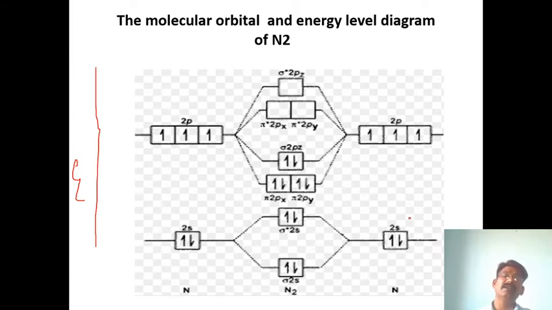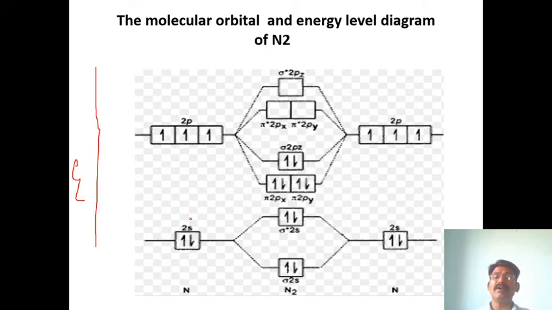Then in the 2s level, a total of 10 electrons are there: the 2s level has 4 electrons and the 2p level has 6 electrons, so total 14. We have to study the outermost electron configuration, only the 2s level and 2p level in the molecule, not the 1s level.